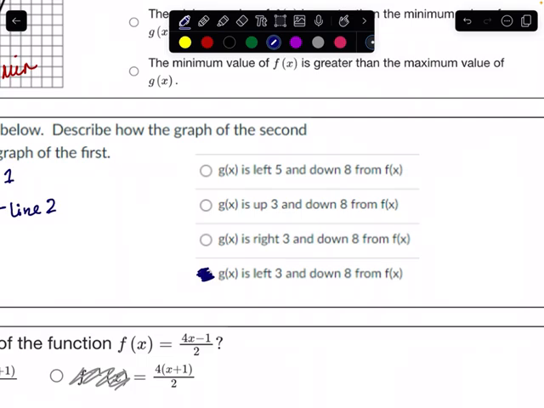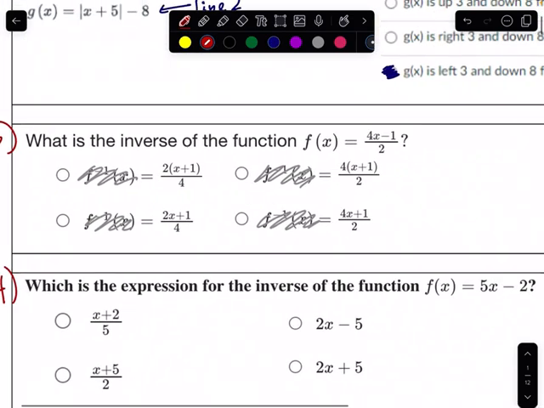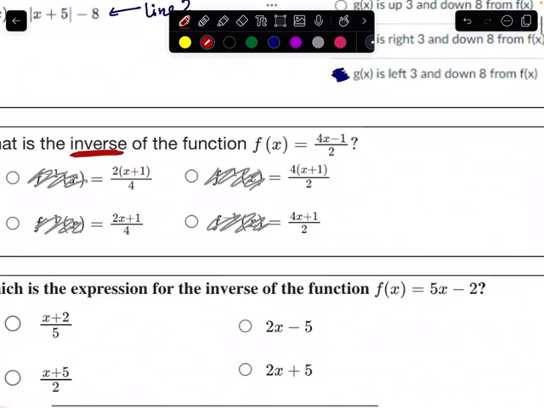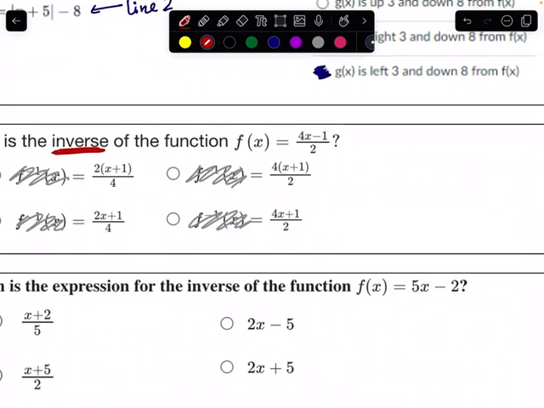Number 3, obviously all equations, so we're probably going to graph stuff, but you need to look at what they're asking for. Notice it says the word inverse. You should know this. Every time we see the word inverse, we switch X and Y. So I'm going to take my pencil, and instead of starting with Y equals, I'm going to start with X equals. Instead of 4X, we're going to call this 4Y.